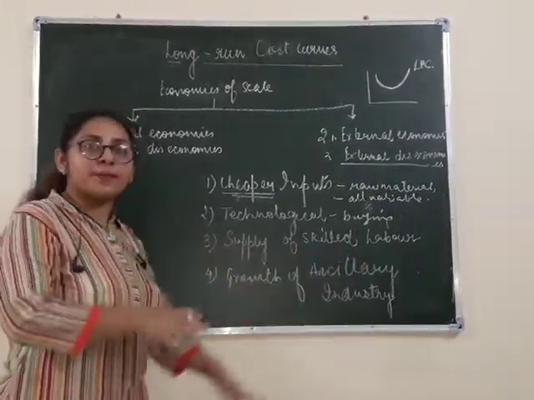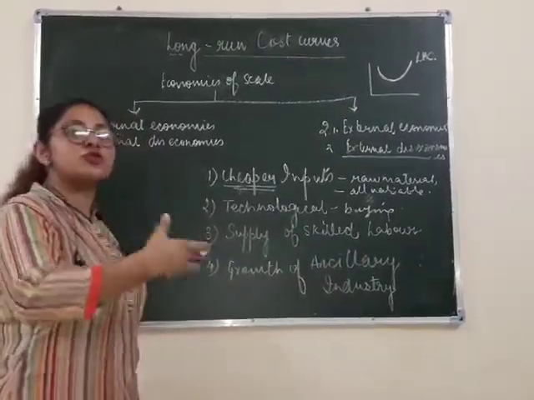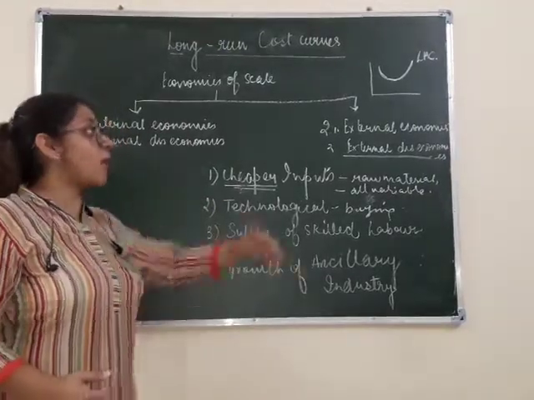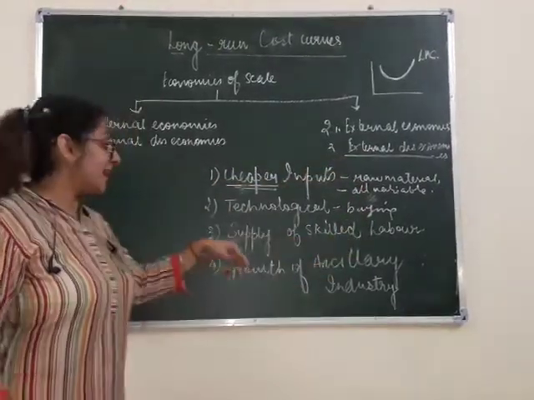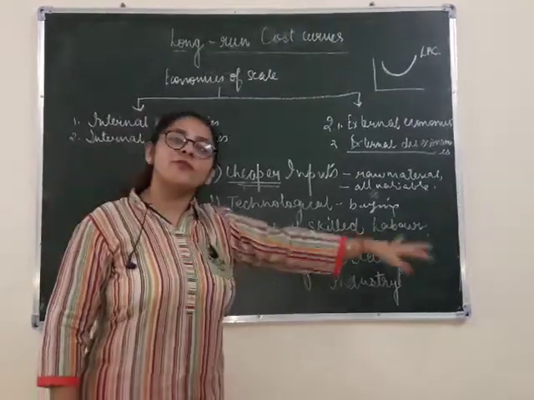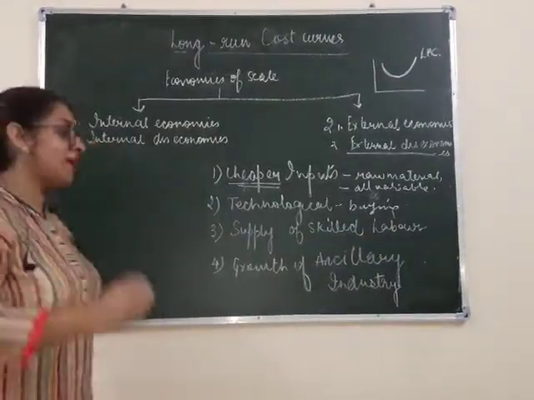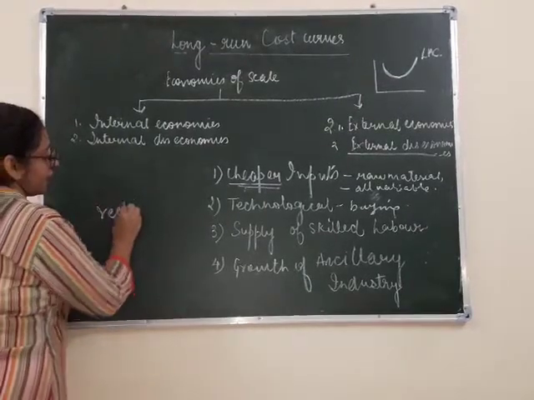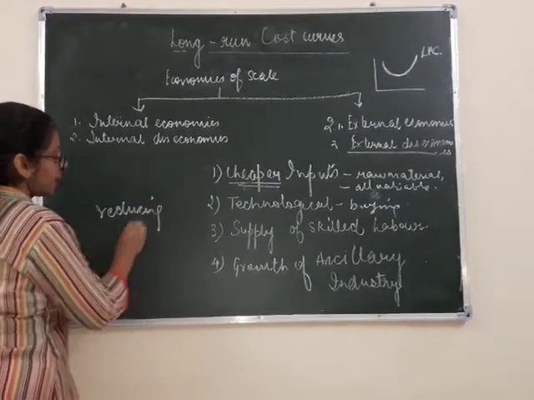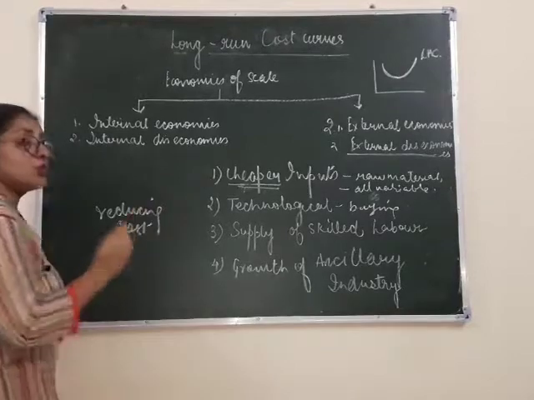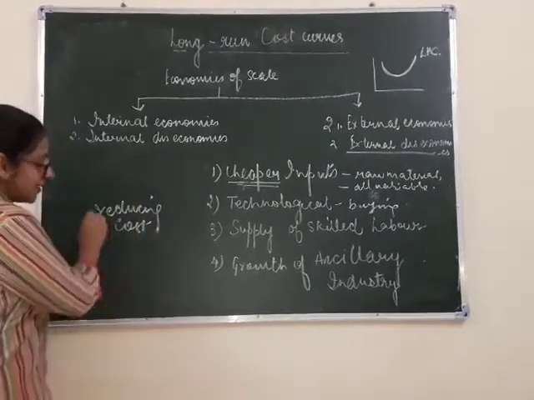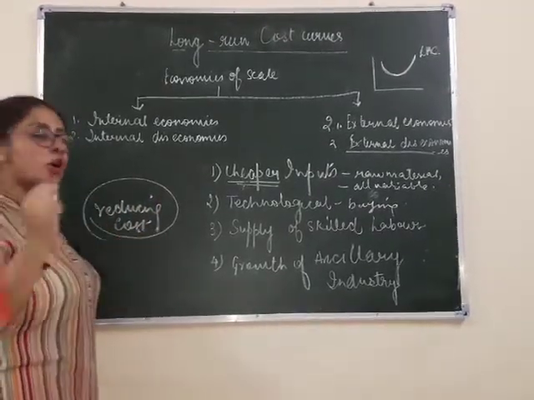So if a company wants to grow, produce goods and reduce their cost, they need the supply of skilled labor. The skilled labor will help them in reducing the cost of products because they already know how to do the work.